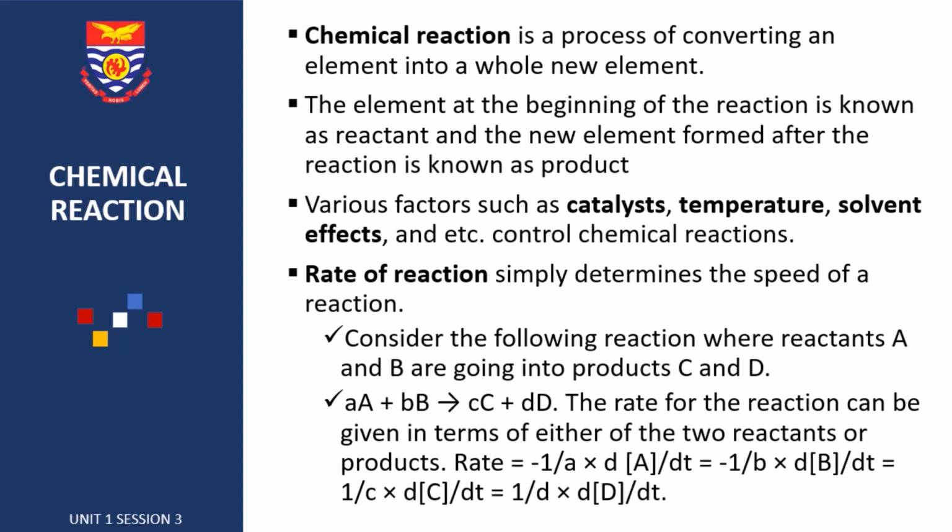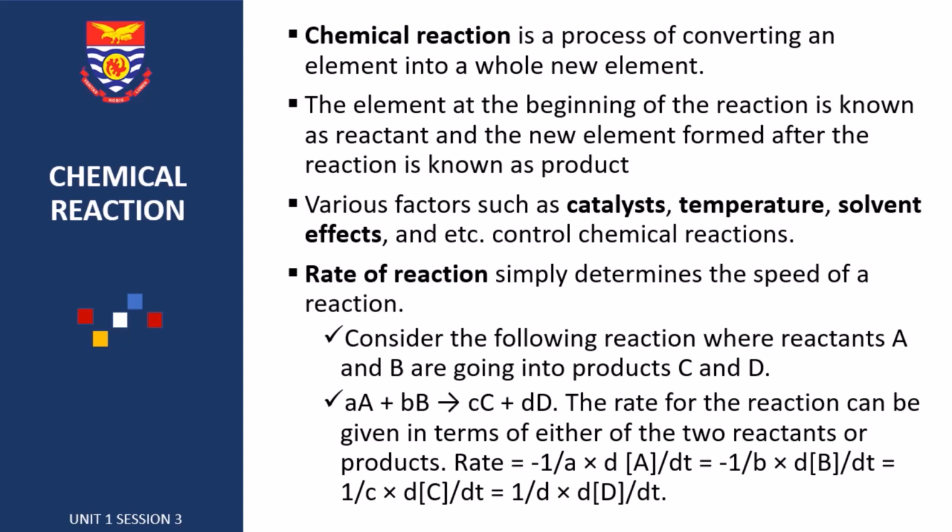For a chemical reaction to take place, there are certain factors that must be involved, and they include the presence of a catalyst. Temperature could also have an effect on a chemical reaction. The solvent that is being used could also have an effect on a chemical reaction.